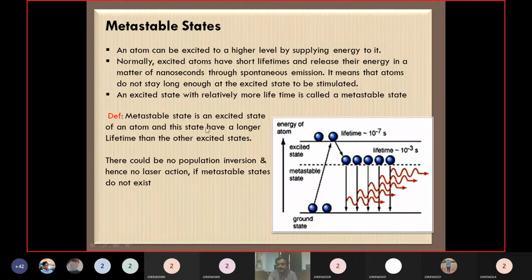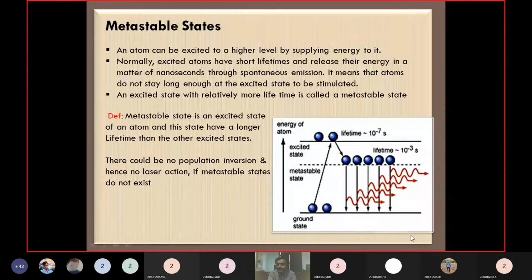This is also an excited state of an atom, and this state has a longer lifetime than other excited states. See here, see this diagram.